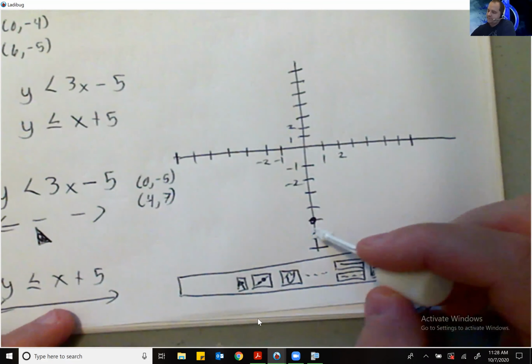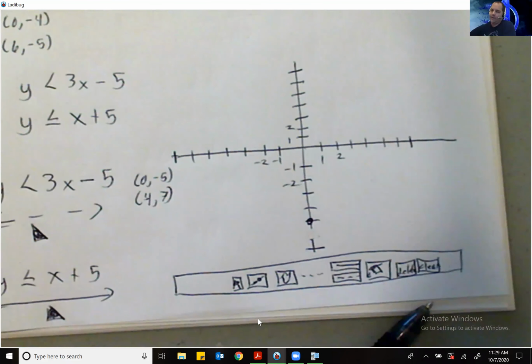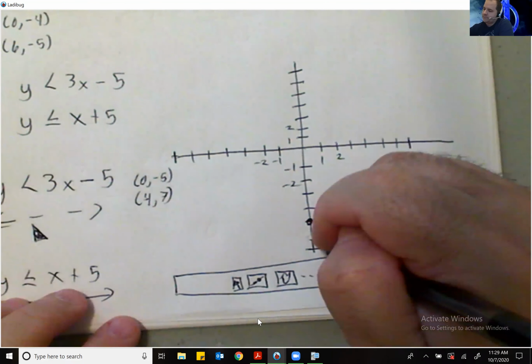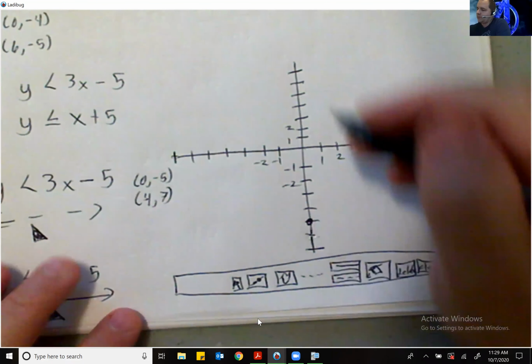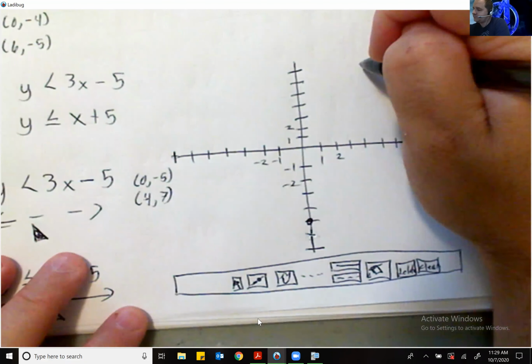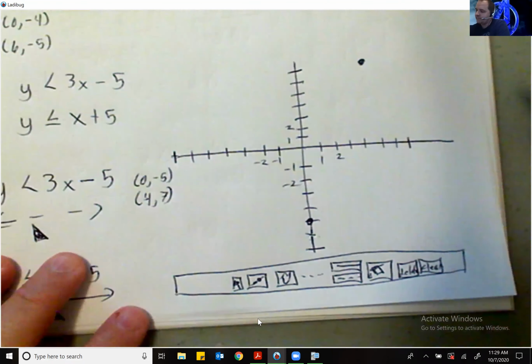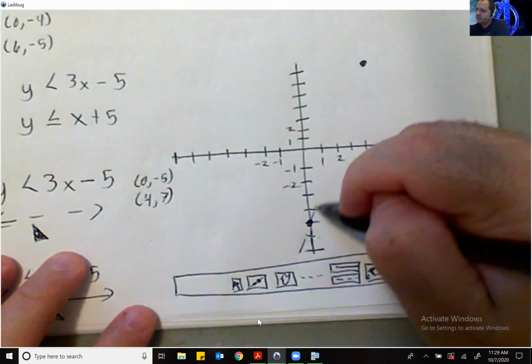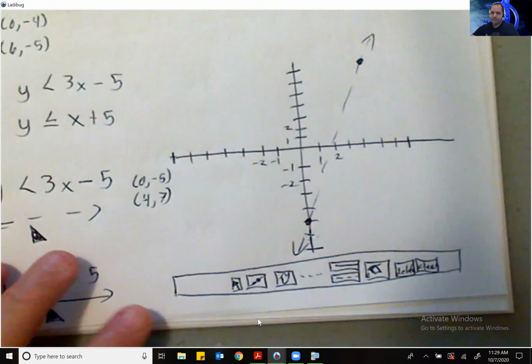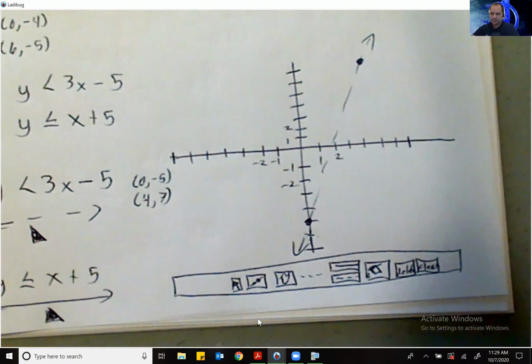So there's 0, -5. And then we're going to plot the other point, 4, 7, because you said to plot 4, 7. And this would be dotted. And I do not shade yet. I leave the shading for the end. Okay?